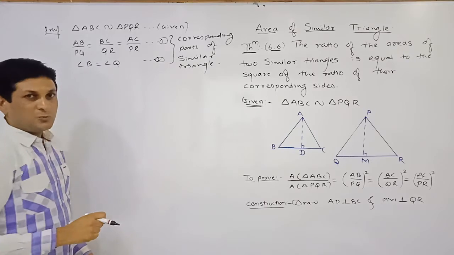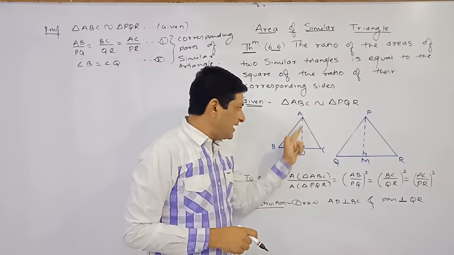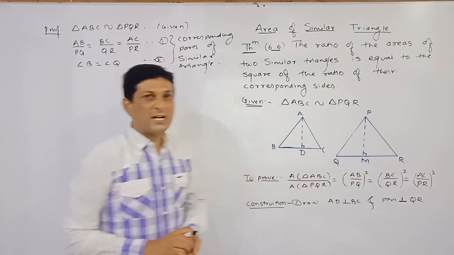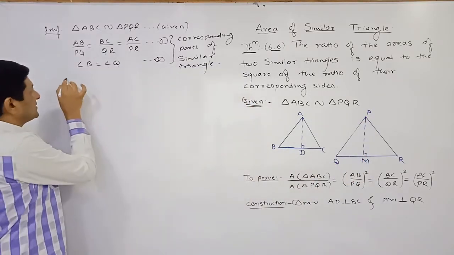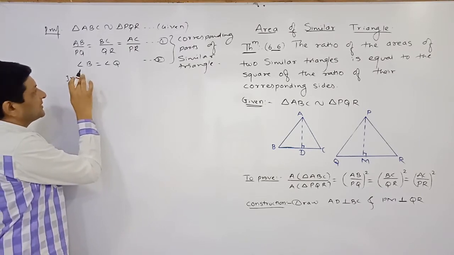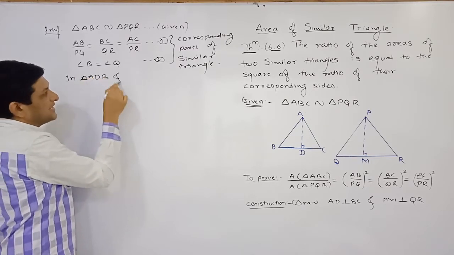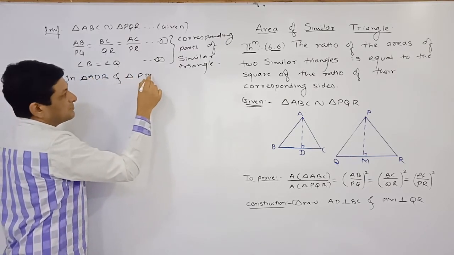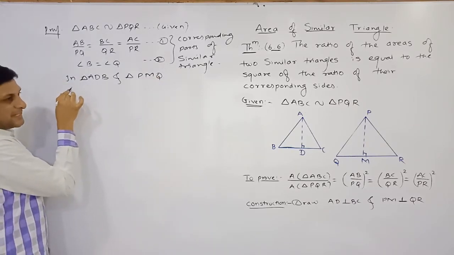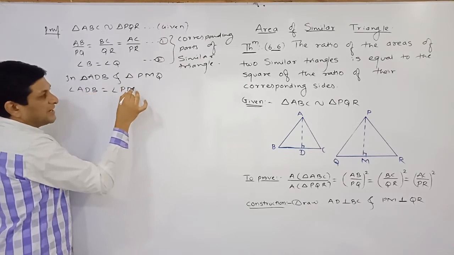Now we are trying to show that these two triangles, triangle ADB and triangle PMQ, are similar. So consider these two triangles. In triangle ADB and triangle PMQ, angle ADB is equal to angle PMQ.